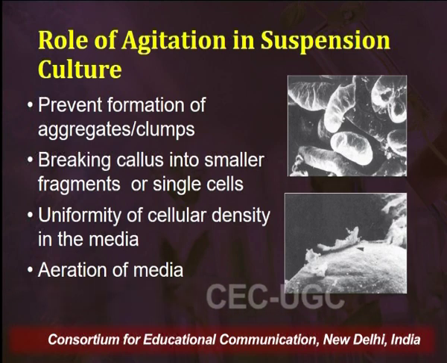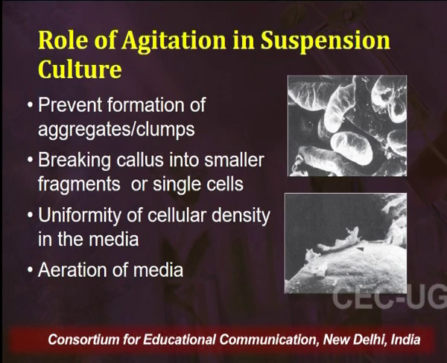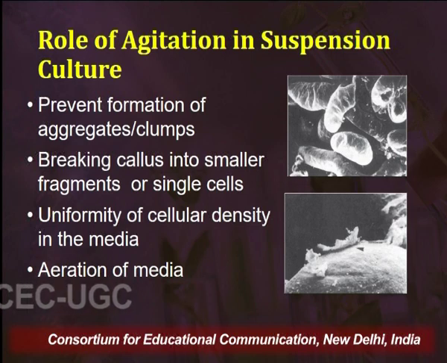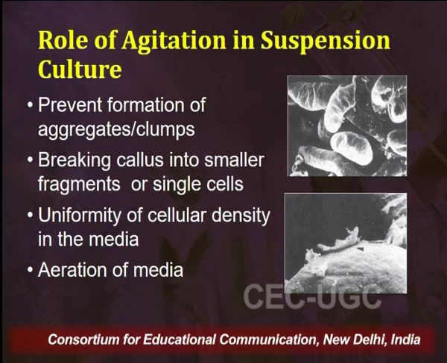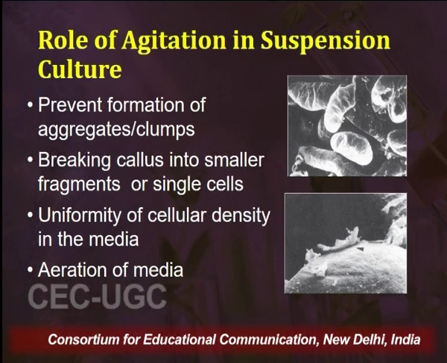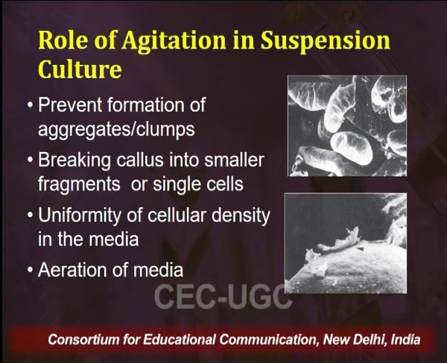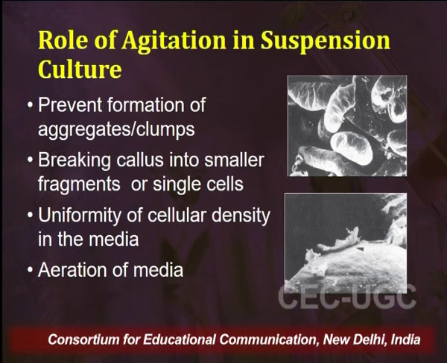By virtue of nature, the cell walls of different cells have a tendency to adhere to each other. And if you don't agitate the liquid suspension, then those cells will come close to each other and adhere, forming the clumps or the bigger aggregates.